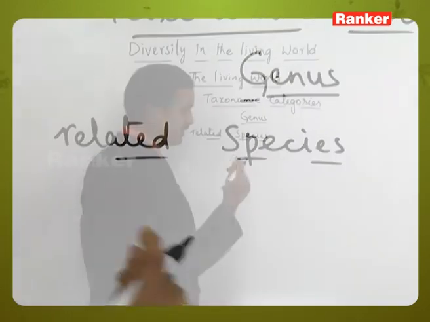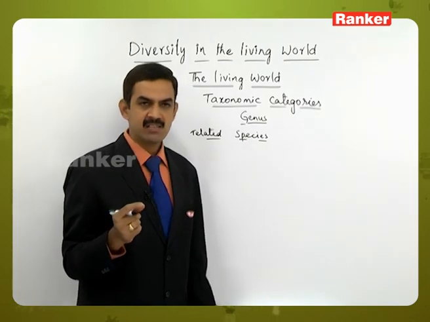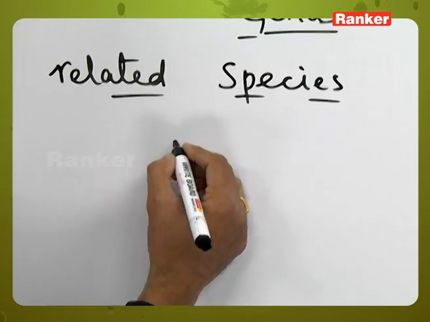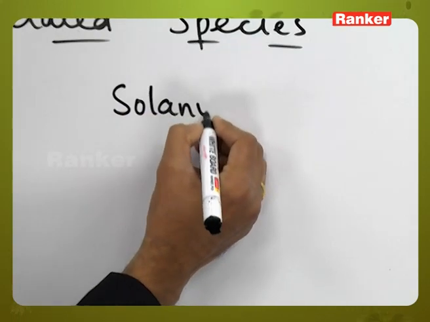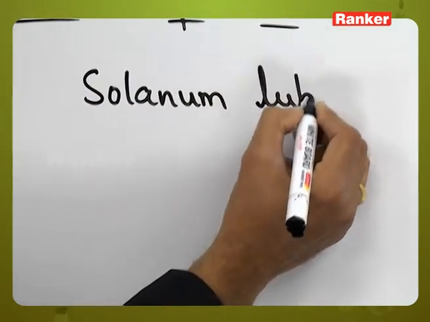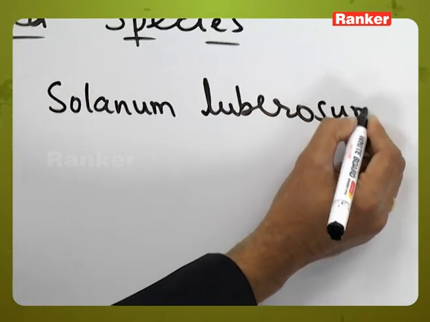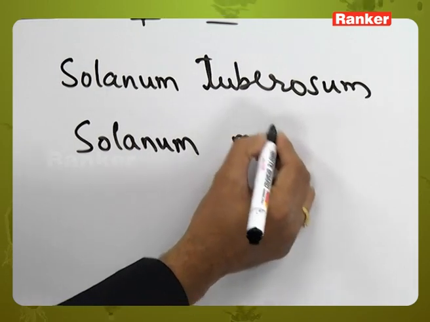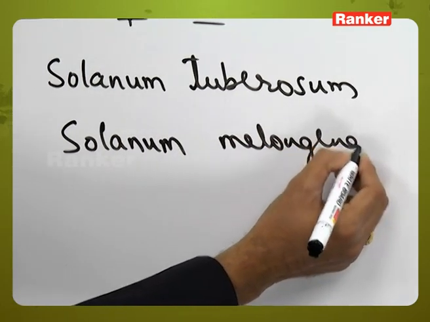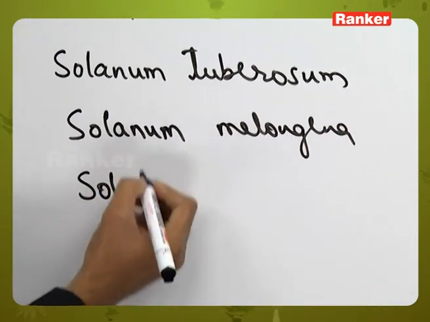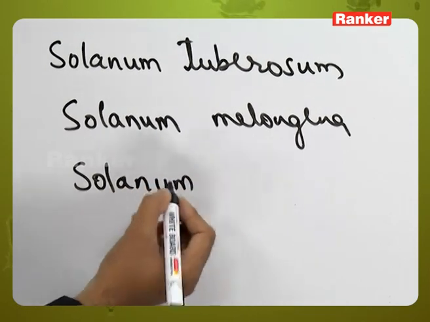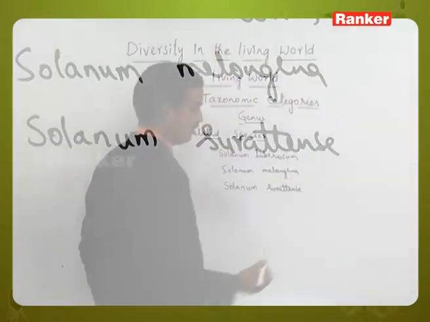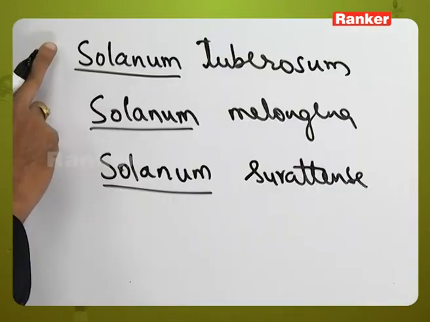Related species means species with similarities are kept under one genus. Like Solanum tuberosum, Solanum melongena, Solanum surattense. So that is one genus.